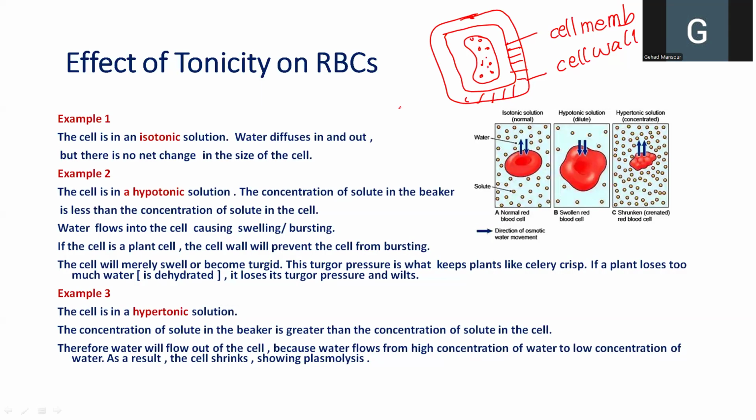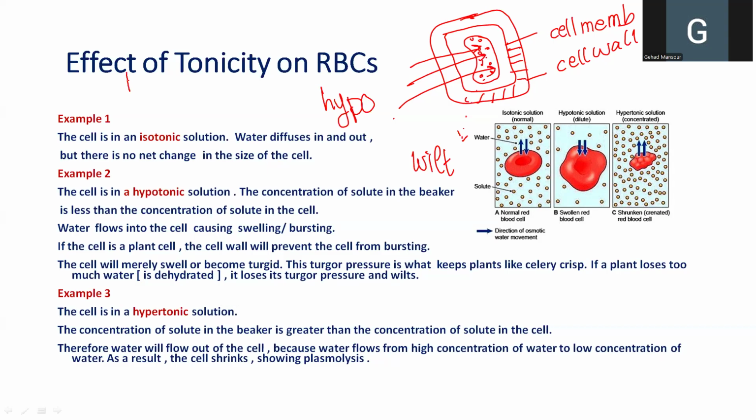If the plant cell is put in an isotonic solution, there is no problem. If it is put in a hypertonic solution, the hypertonic solution will withdraw water from the sap vacuole, and the plant cell will wilt. It will be shrunken and it will wilt. But if the plant cell is put in a hypotonic solution, it will absorb water as usual, like the animal cell.